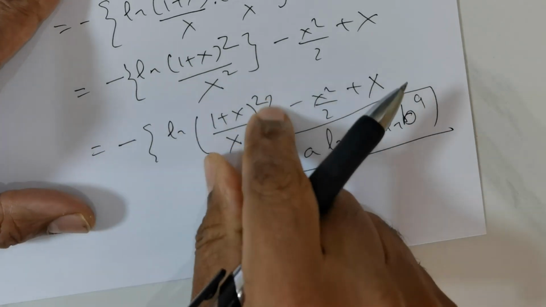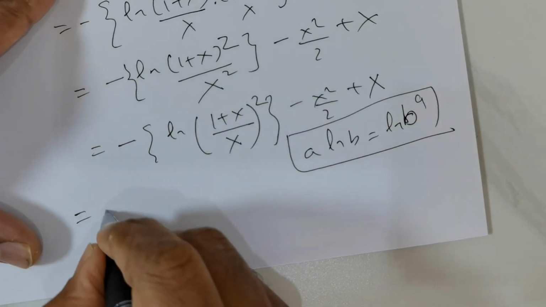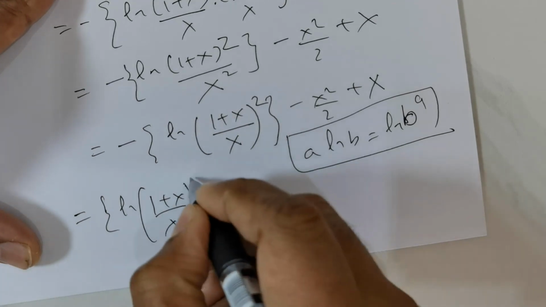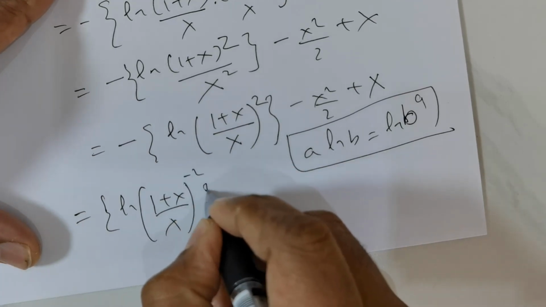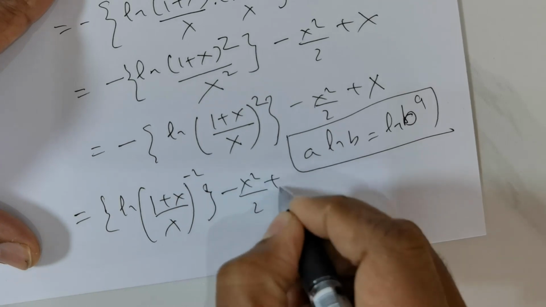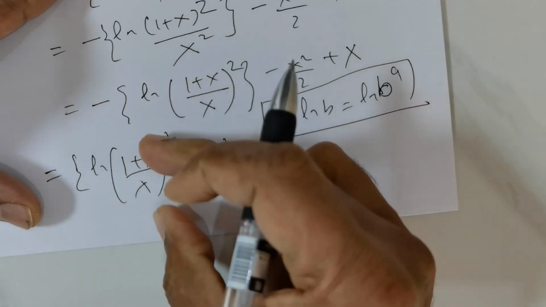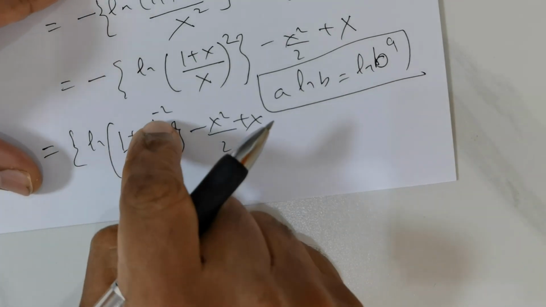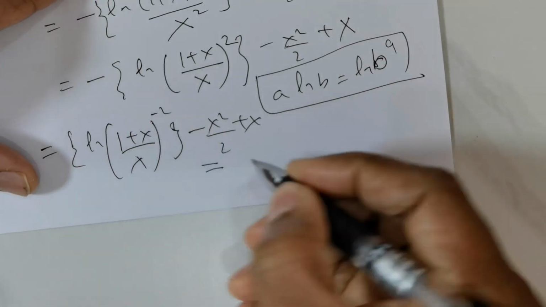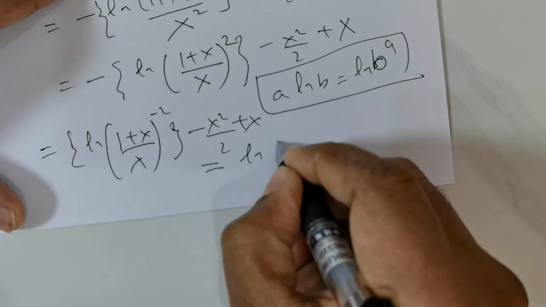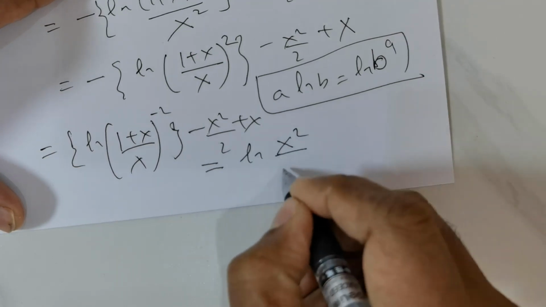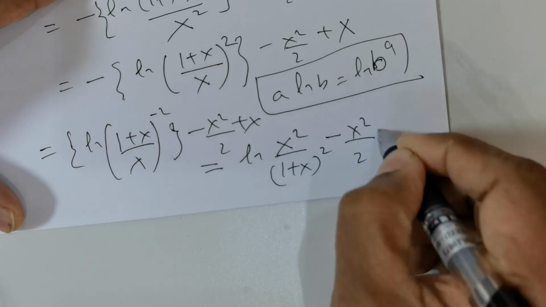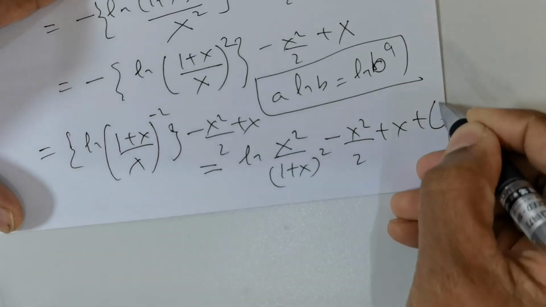Now you take the negative sign over here, so this is going to be ln of ((1 + x)/x) raised to the power of negative 2, followed by negative x squared over 2 plus x. Now you can actually flip this, right? This is ((1 + x)/x) raised to the power of negative 2, so this can be rewritten as ln of x squared over (1 + x) squared, minus x squared over 2 plus x, plus an arbitrary constant.